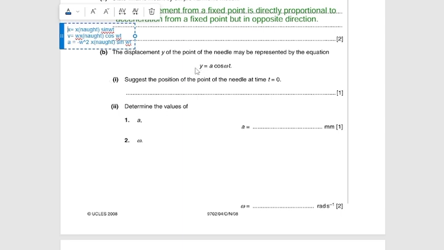Now all you have to do is judge which one will be used. They've said that it's displacement, so I know immediately that I will be using x equals x naught sine omega t, because we're dealing with displacement here.